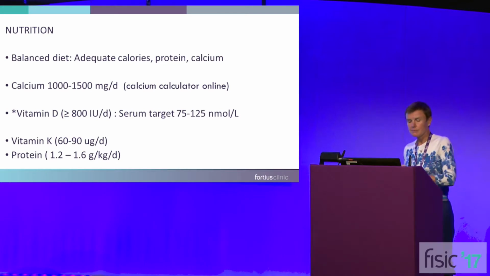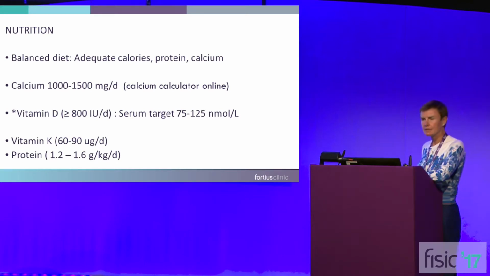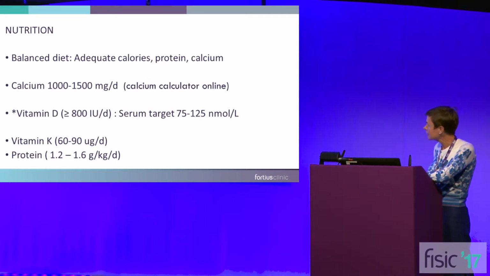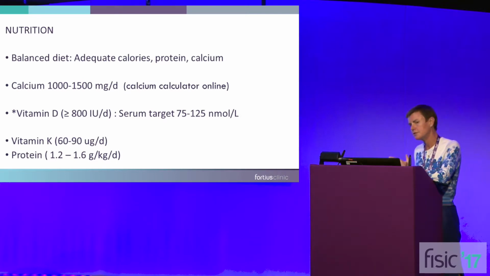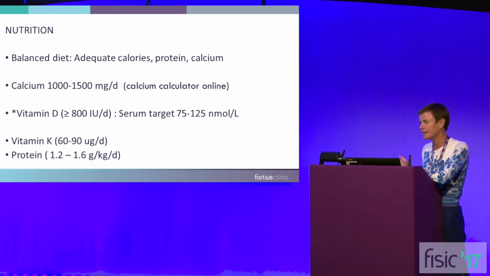Nutrition, balanced diet, which means adequate calories, adequate protein, adequate calcium intake. Much is made about the vitamin D story. You know, everybody screens their patients for low vitamin D levels in relation to bone health, but correcting vitamin D is rarely the only thing that is going to achieve good bone health in most of these patients.